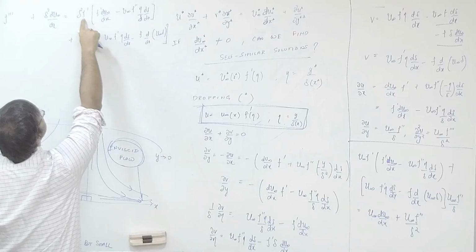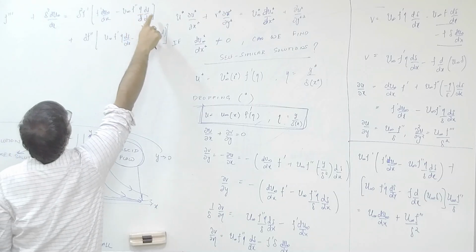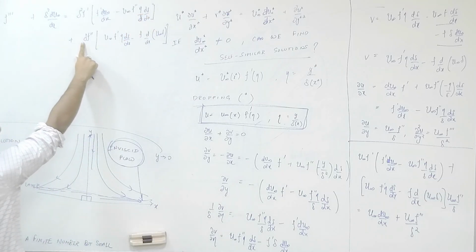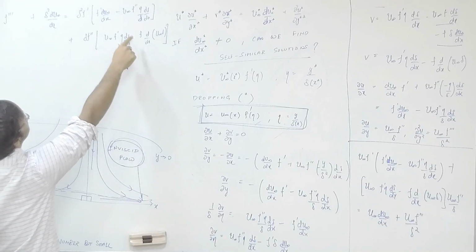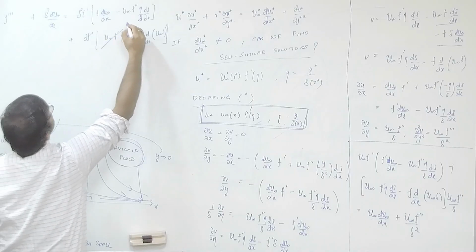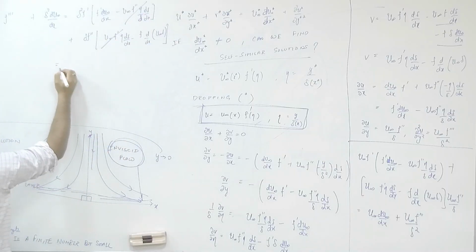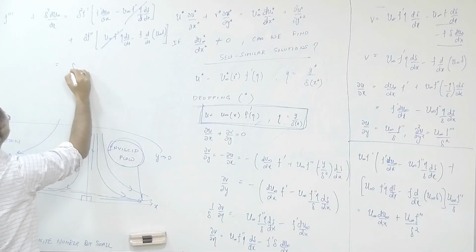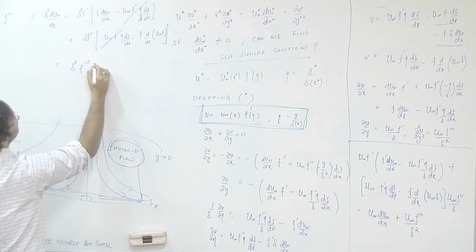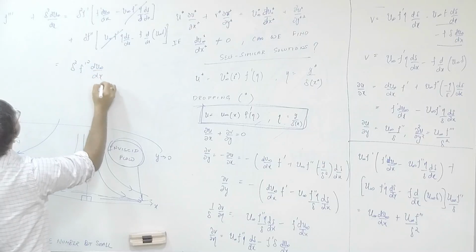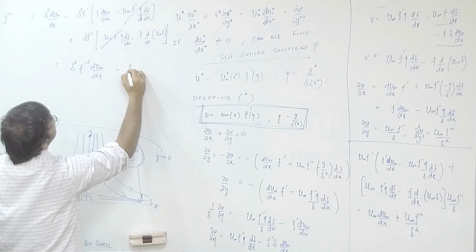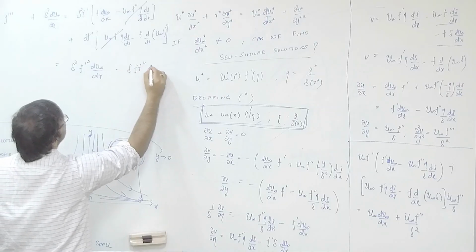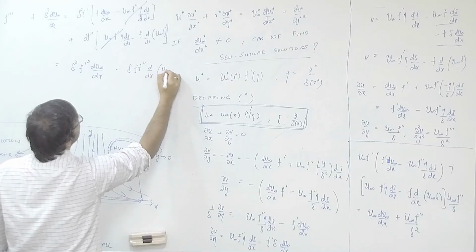So this gives us delta f prime f double prime eta d delta by dx, delta f prime f double prime eta d delta by dx with a u infinity. So these two terms actually will cancel out, and you will be left with delta square f prime square du infinity over dx minus delta f f double prime d by dx of.